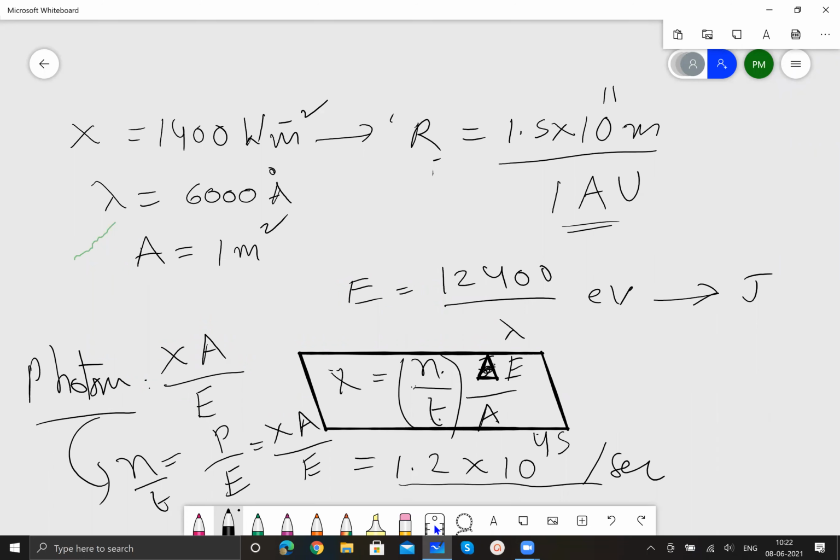You must do for proton in terms of temperature. You must do for alpha particle in terms of temperature.